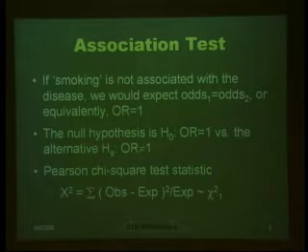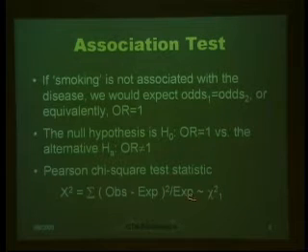Statistically, you can construct the null hypothesis that the odds ratio equals 1, and the alternative that the odds ratio is not 1. The typical test statistic you can use is the chi-square test statistic: observed minus expected, squared, and then divided by the expected number of patients. And usually this is a 2x2 contingency table.